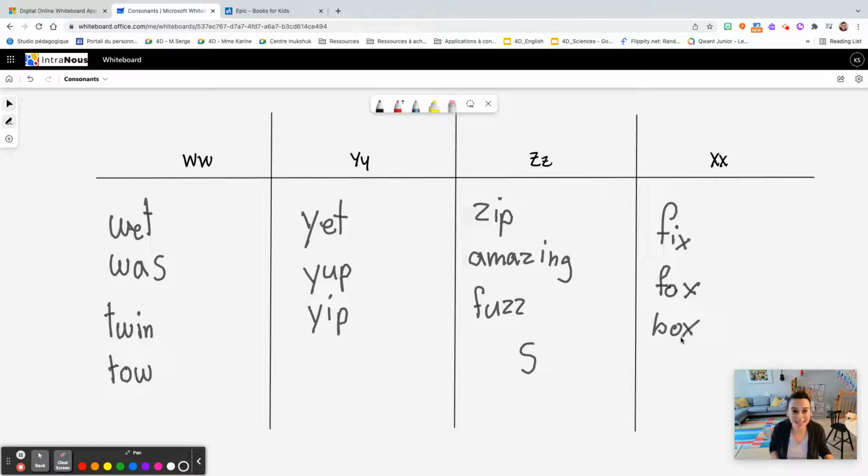Again, that x sound is at the end of the word. If we're writing a word with the X at the beginning, like the word xylophone, it actually makes a Z sound instead of an X sound. So those are just things to be aware of and to look out for when you're reading.